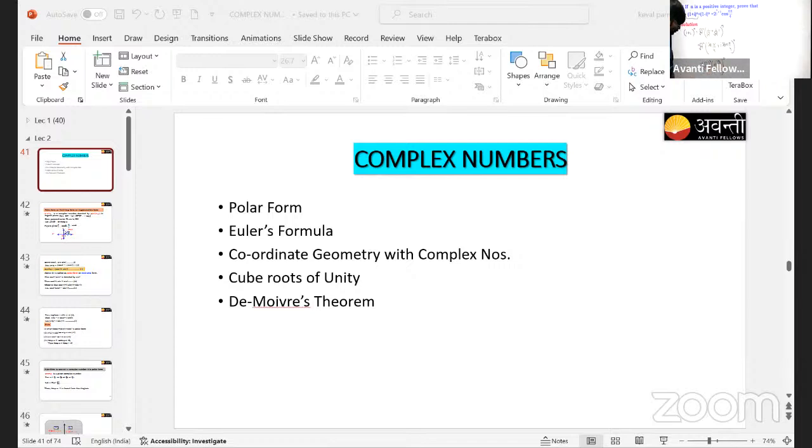So I can write root 2 as 2 raised to the power n by 2, because root is upon 2. And I can write it as e raised to the power I n pi by 4. Now I'll expand it again. So I'll get 2 raised to the power n by 2 into cos n pi by 4 plus I sine n pi by 4.